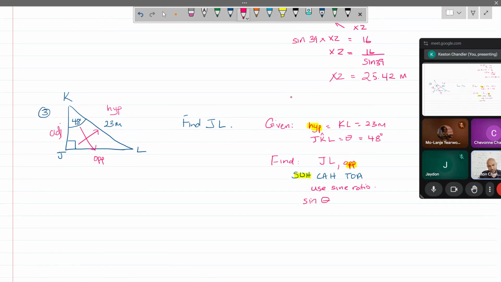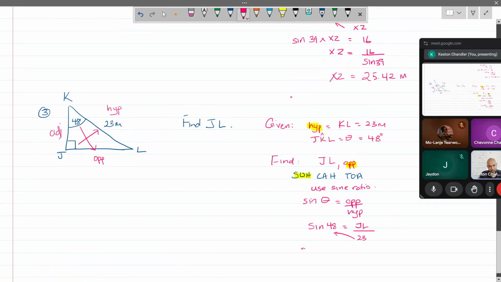Sine theta is equal to opposite over hypotenuse. Sine of 48 degrees is equal to JL over 23.